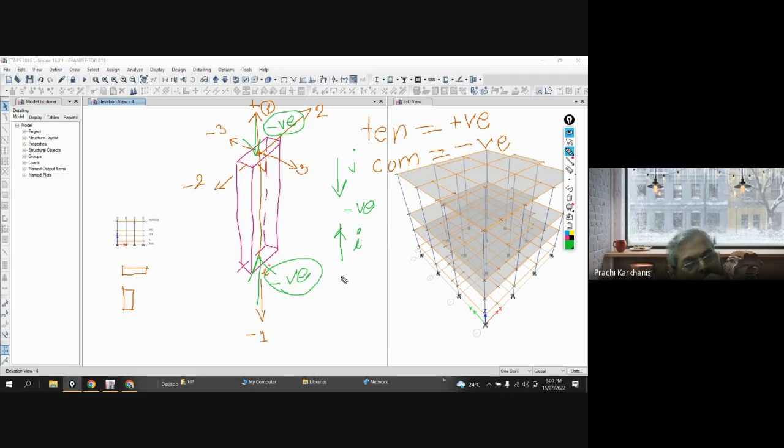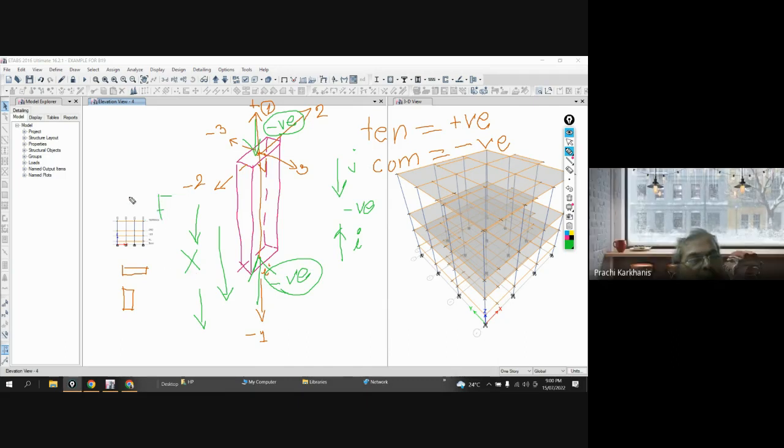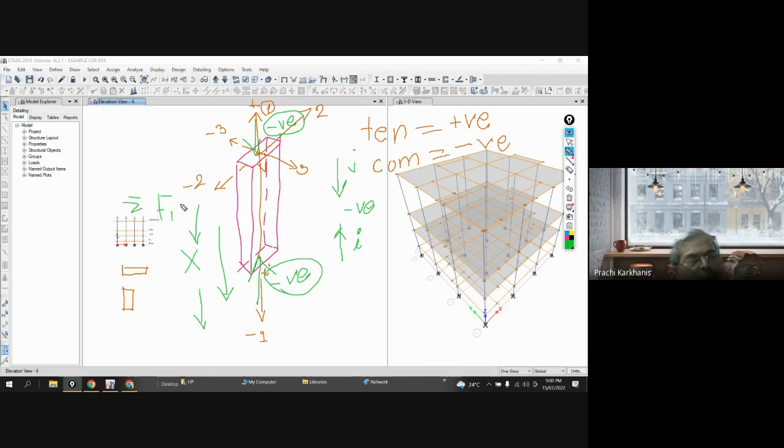Many times, if you follow a downward negative, and if you say at J end you are having a negative, that means it is acting downward, and at I end also you are getting negative, that means it is downward. Then you will see this is a movement. This is not a stable condition, because you are not getting sigma Fy, sigma F1 not equal to 0.